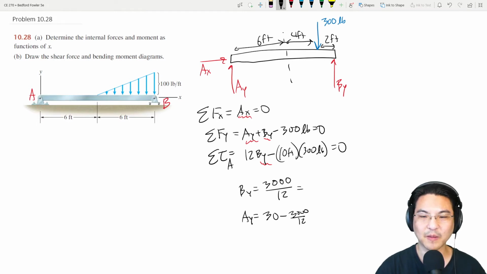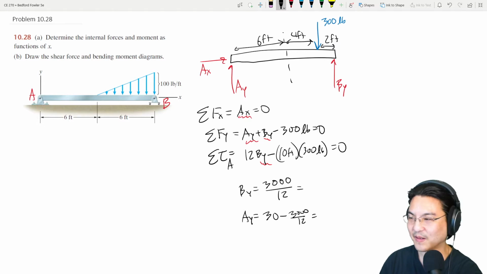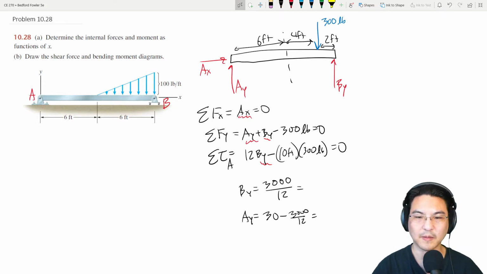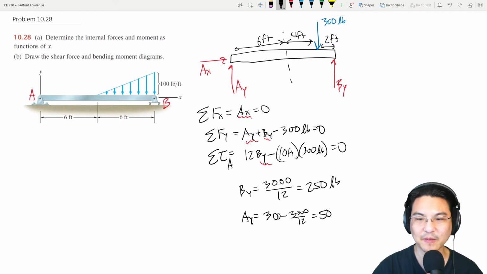Okay, maybe I should punch it in the calculator. Actually, 3/12 is 1/4, right? So 1/4 of 1,000 is 250. And there should be a 300, right? So 300 minus 250 is 50. These are pounds. Okay, and then AX was 0. Okay, so we have all three reactions.